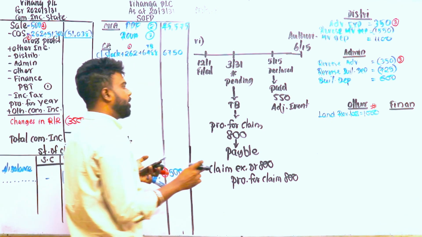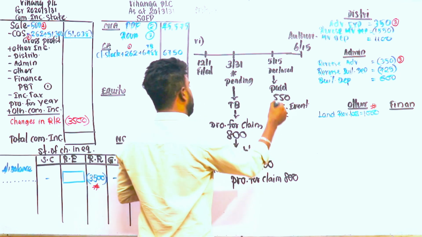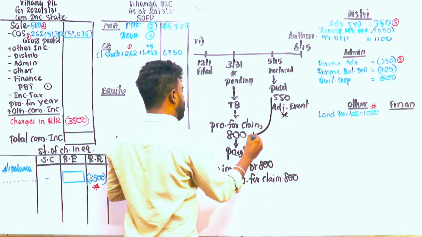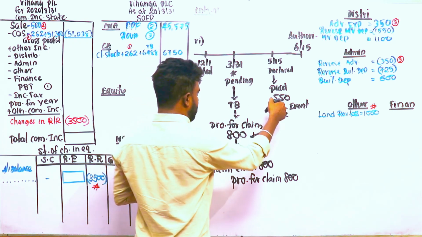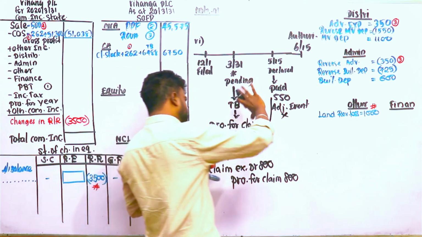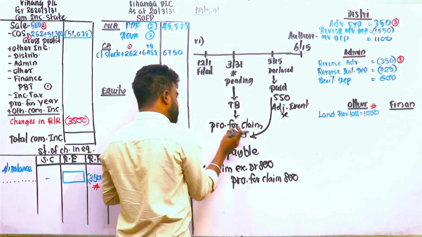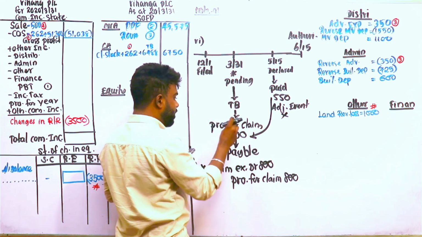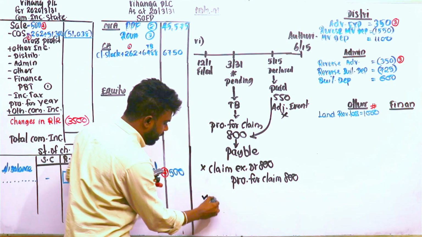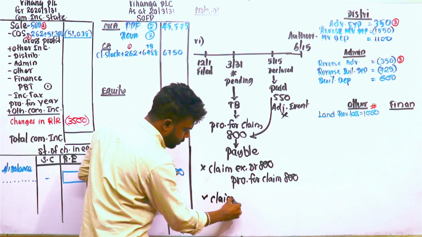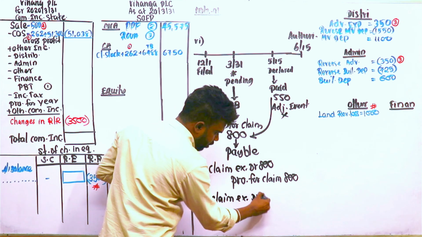It is paid, it doesn't matter. You have to adjust the payable balance as at 31st March. The actual payable balance should be 550, but we recorded 800. You have to record the actual payable balance as 550.